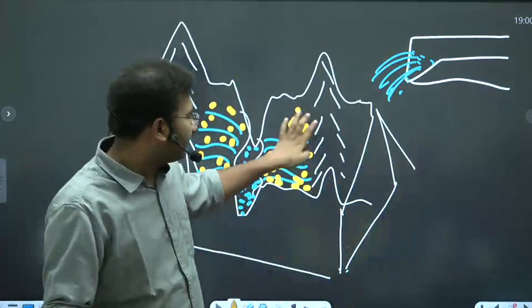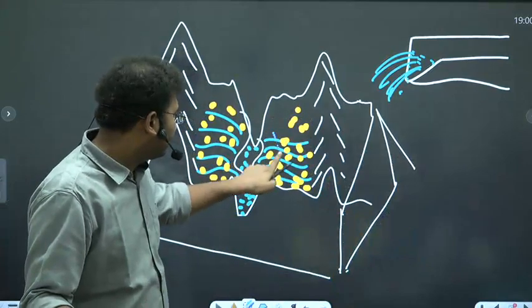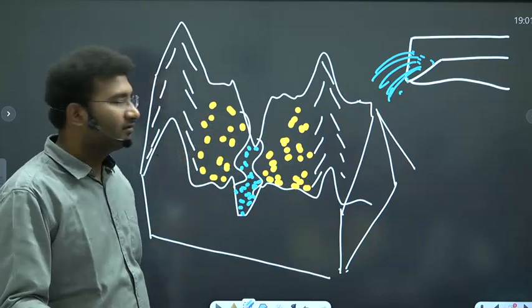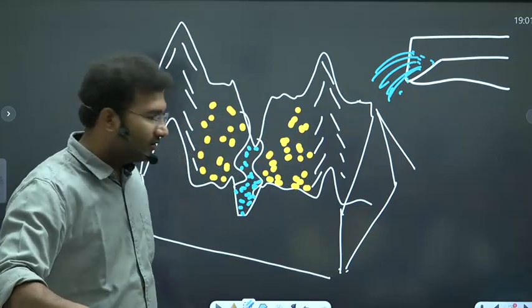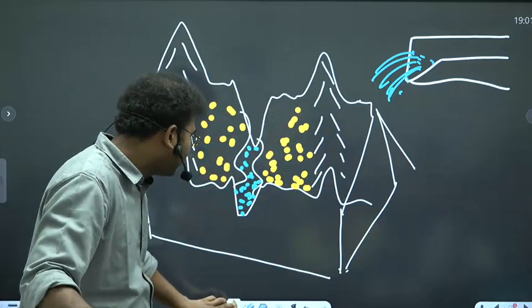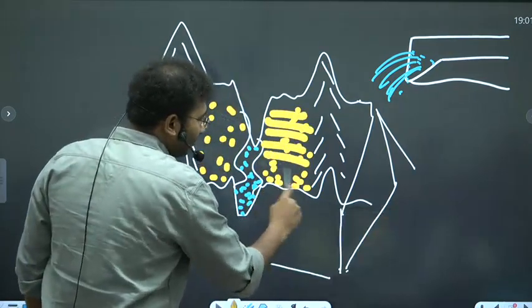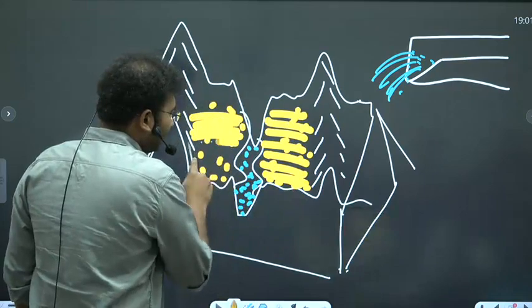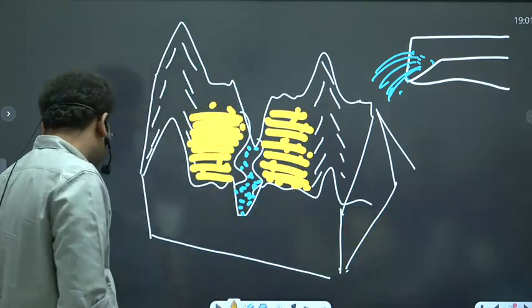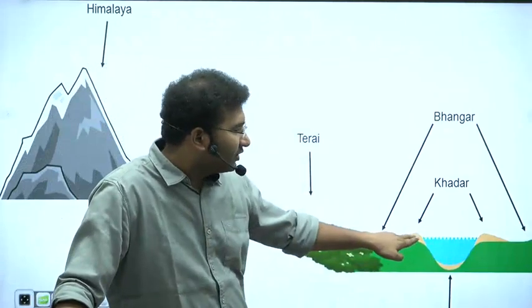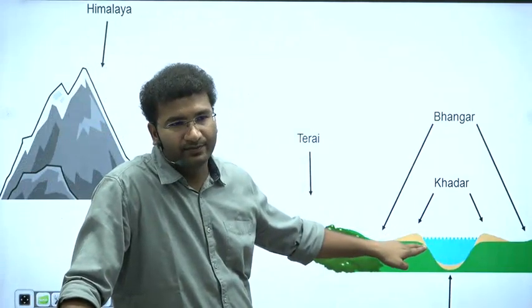Now, the soil that is formed will stay back, and the river water will go back. So the soil that is formed here is given a name. This part of the soil we call old alluvial, and this part of the soil is called new alluvial.